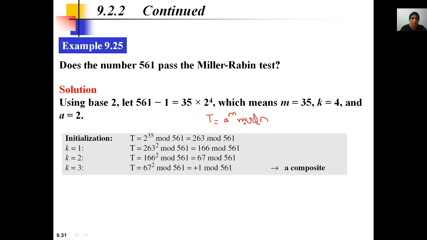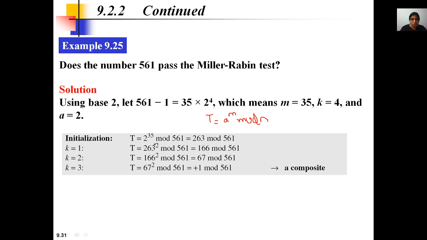Once you have found it, if the value t is equal to plus or minus 1, then we can say it is a prime number, or else we need to find t square mod n, and we can observe that whenever t is equal to plus 1, then it becomes a composite value. T equal to minus 1 means it is a prime value.